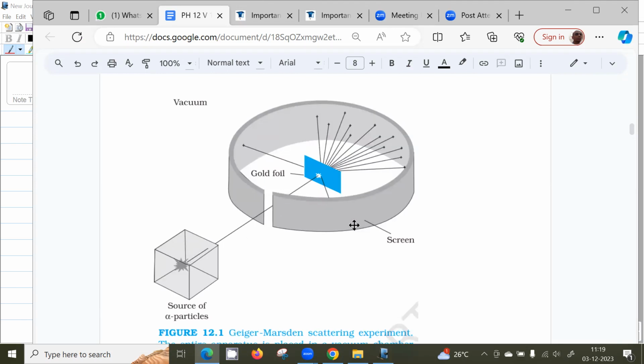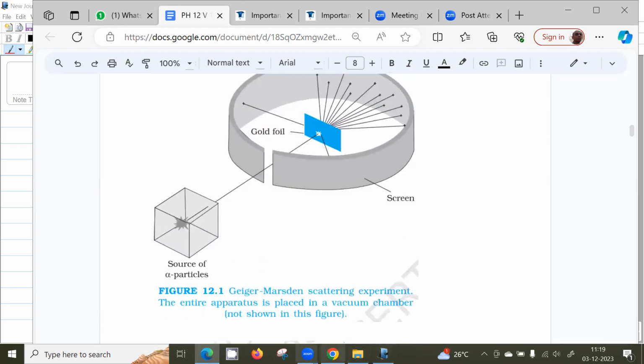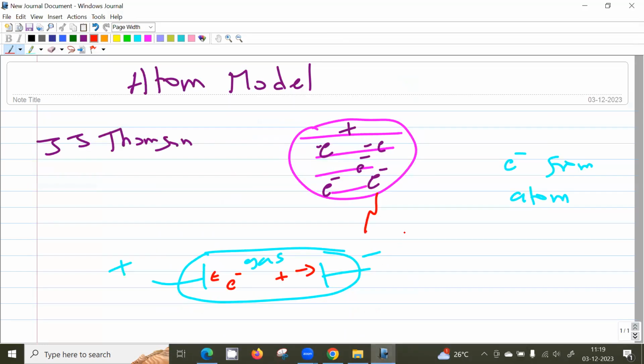If this picture of the atom was correct, the alpha particle is a helium nucleus, which is 2 plus, mass number 4, nothing but 2 protons and 2 neutrons, without the electrons. So it's a positively charged particle, and if it hits this atom, there will be some repulsion.